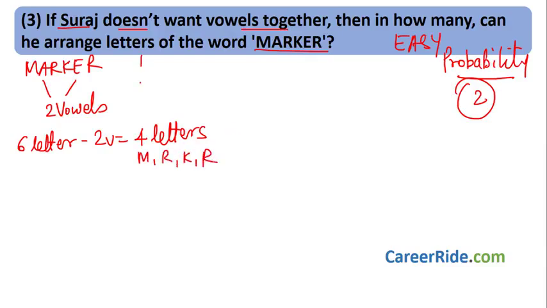Now, what do they want? They do not want the vowels to be together. So, how to find out the vowels should not be together? Very easy.